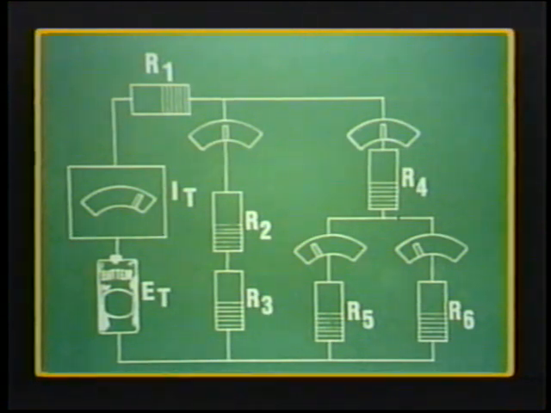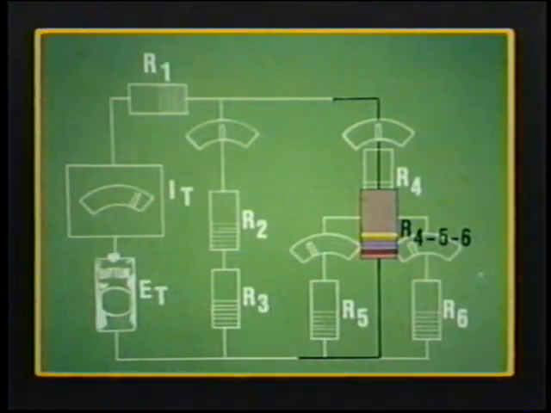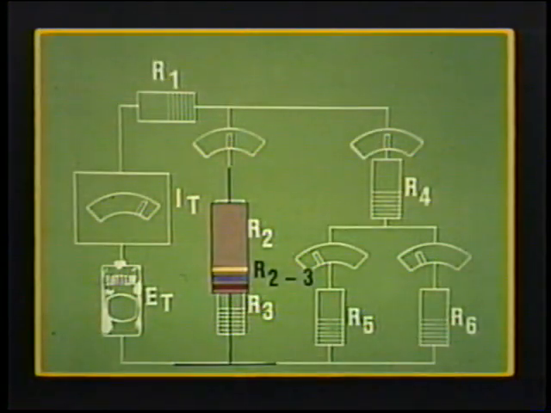Complex circuits must be reduced to a single circuit before they can be solved. First, combine parallel resistors R5 and R6. Now, combine this equivalent resistance in series with R4. Combine series resistors R2 and R3.